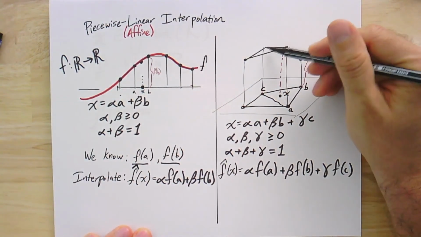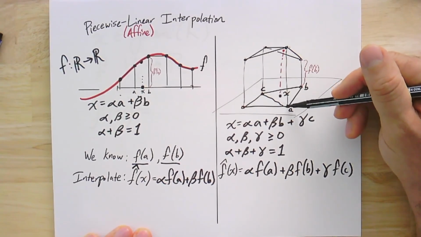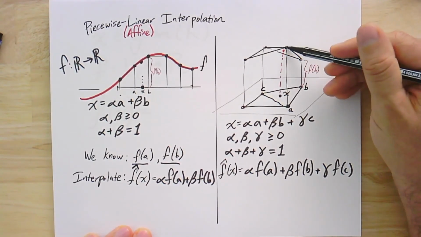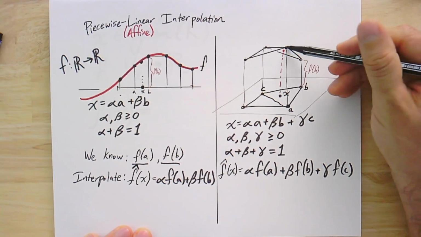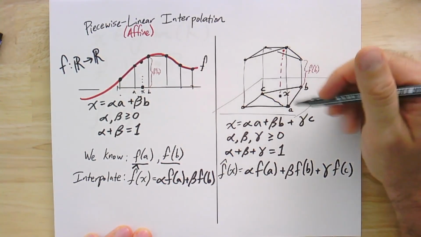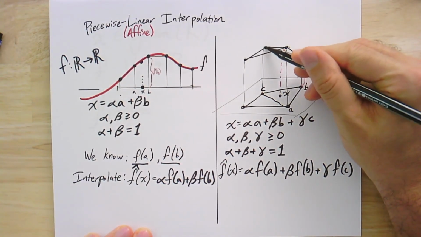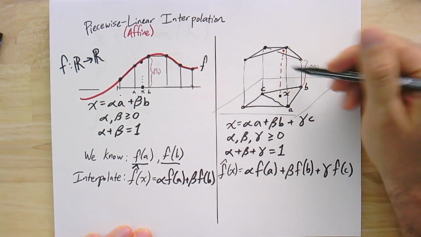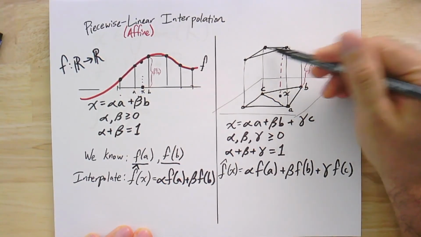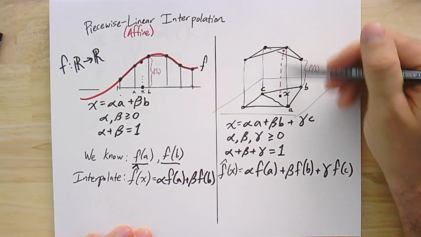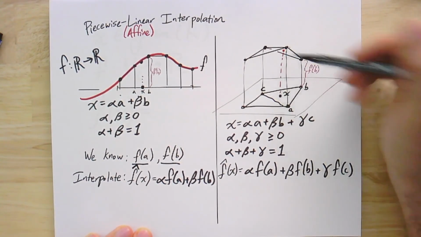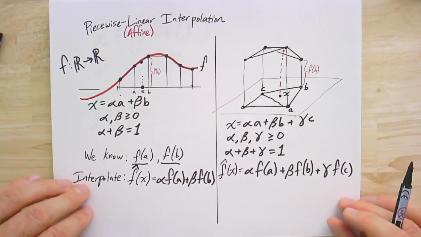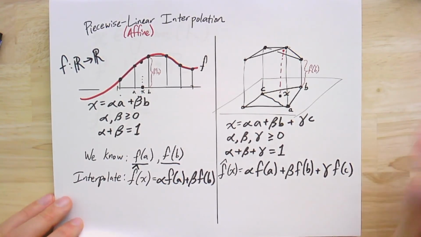This is sometimes called a terrain, because I've got the points and their function values, which gives us a point in 2D plus its function value gives us a point in 3D. Well, if I took those 3 points, A, B, and C, lifted up here in 3D, and I take the triangle that they span in 3D, x gets lifted directly up onto that triangle. That's how linear interpolation works.